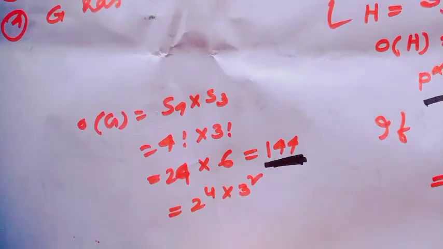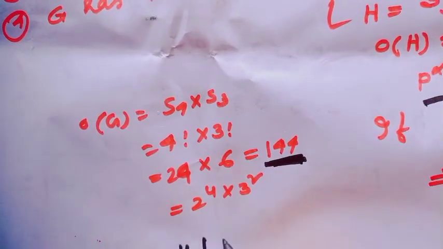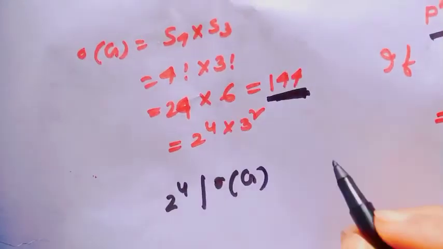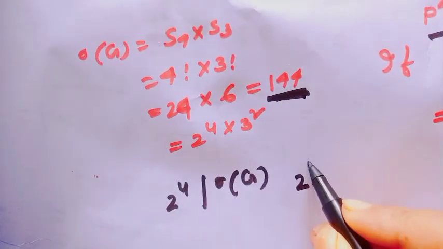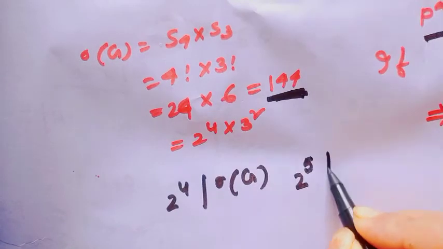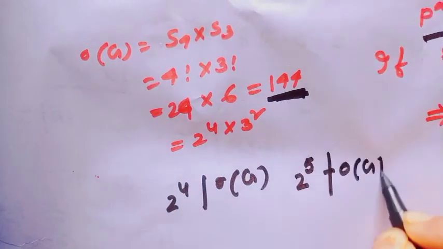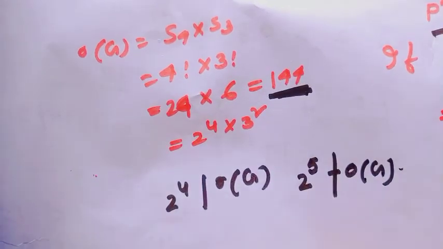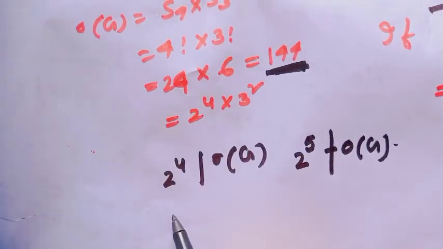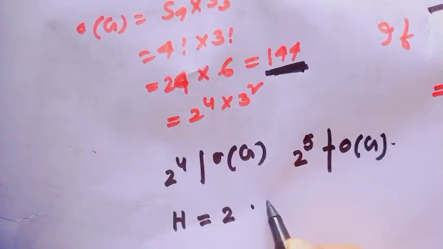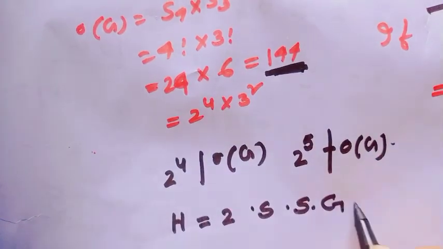Notice 2 to the power 4 divides the order of the group G, but 2 to the power 4 plus 1, that means 2 to the power 5, does not divide the order of the group G. So this subgroup is a 2 Sylow subgroup. Consider this is S, equal to a 2 Sylow subgroup.